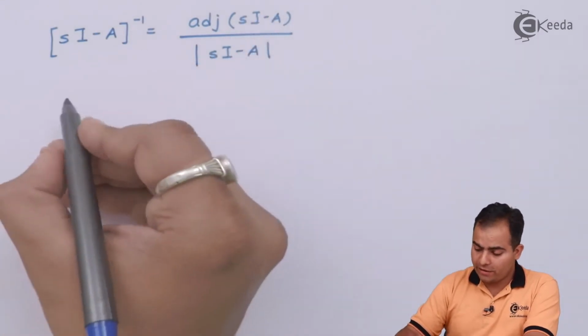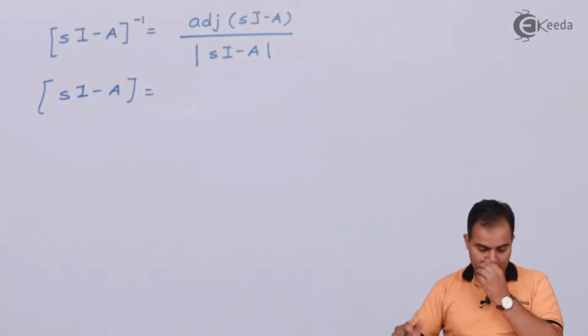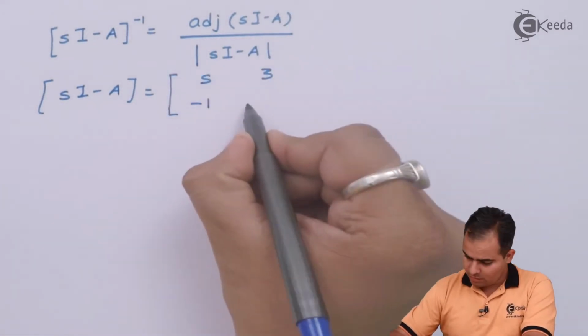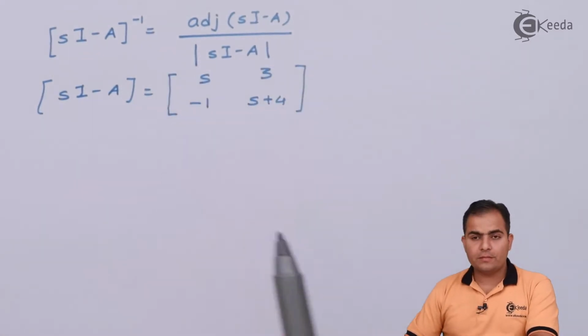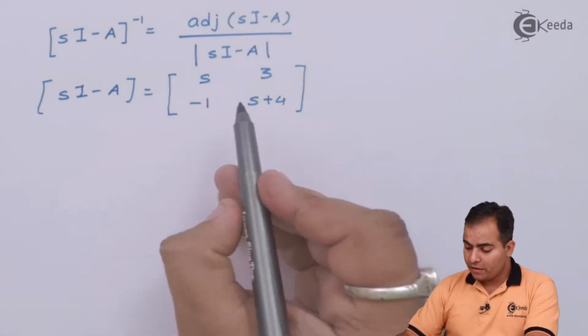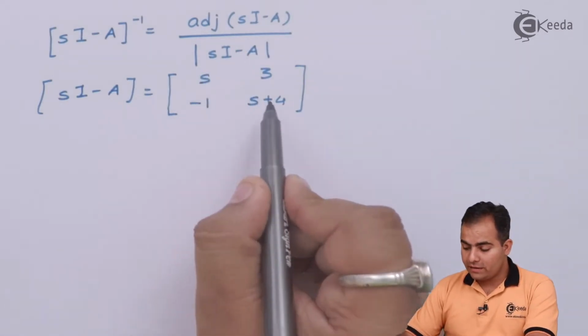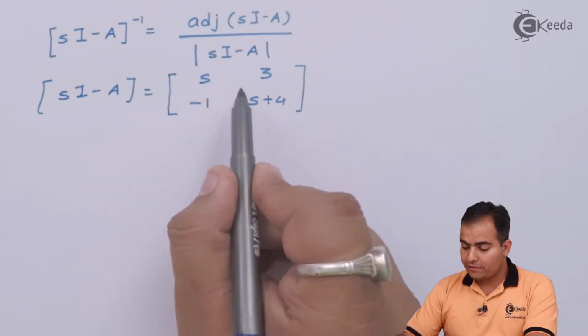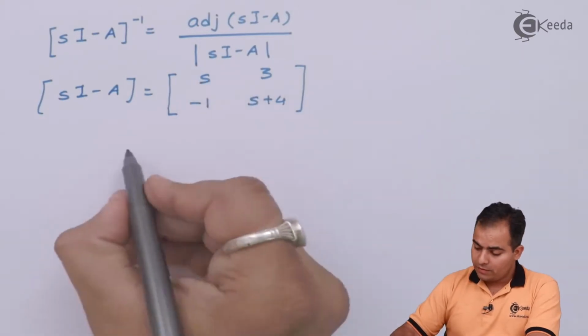We have already calculated the matrix of sI minus A, so this was the matrix. Now we'll first find the determinant. How to obtain the determinant? We'll multiply these two elements, and then the product of these other two is subtracted from the product of these two.